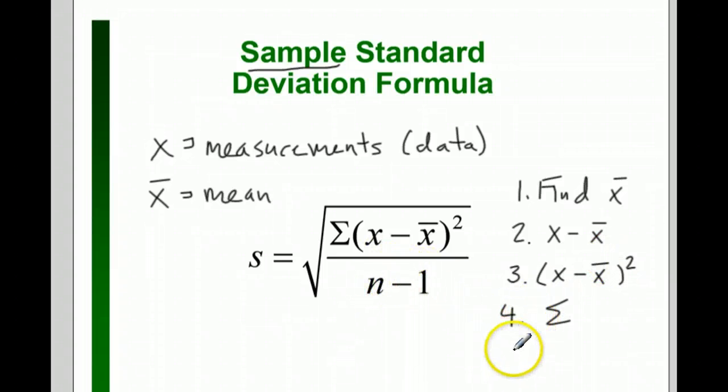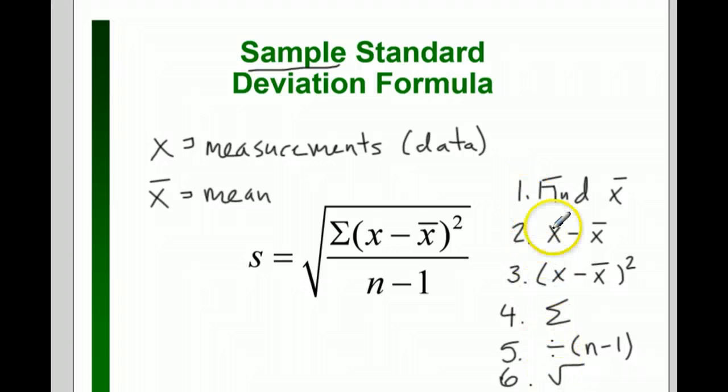Divide by n minus 1, and that's got everything underneath this square root symbol. And then finally the last step is take your square root. So this is the process step by step: find the mean, subtract the mean from all the measurements, square all those differences, add up all those squared differences, divide by n minus 1, and then take the square root, and there's your standard deviation.